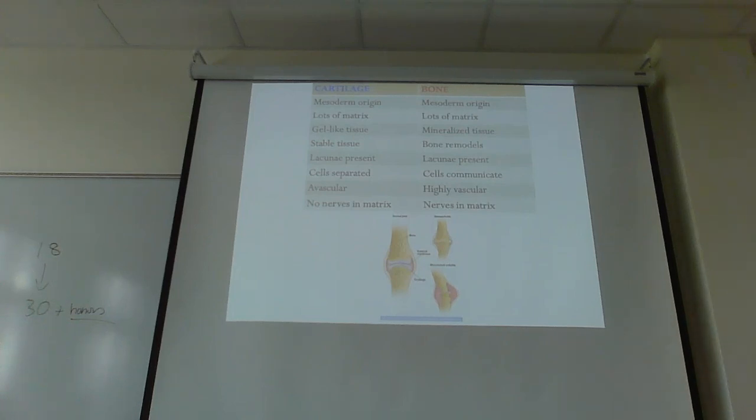While bone has nerves in the matrix. The matrix is, these tissues have a lot of extracellular material in them. They're made of cells, but also a lot of extracellular material made of water, lots of proteins and collagen.